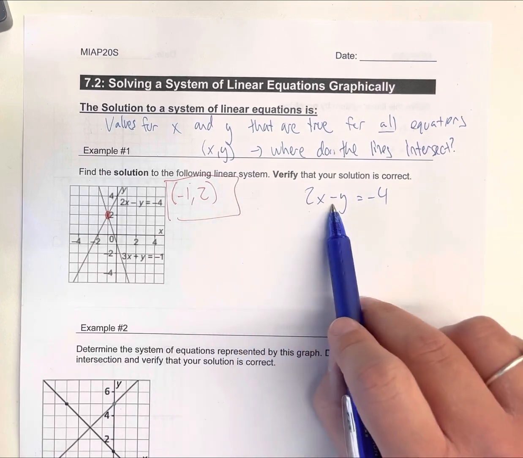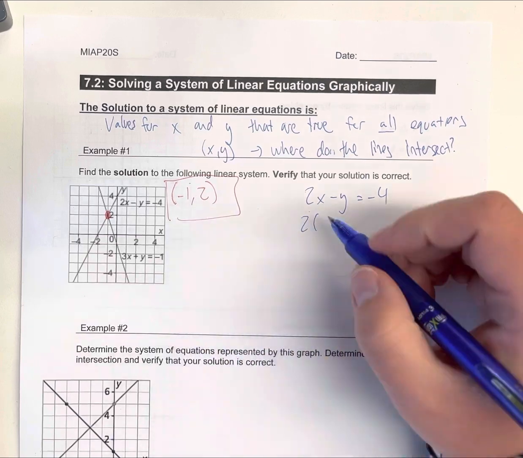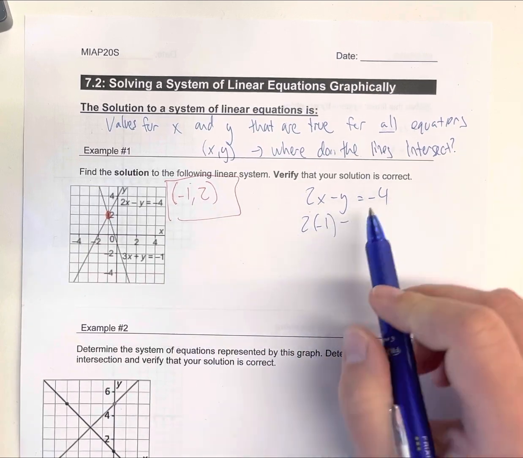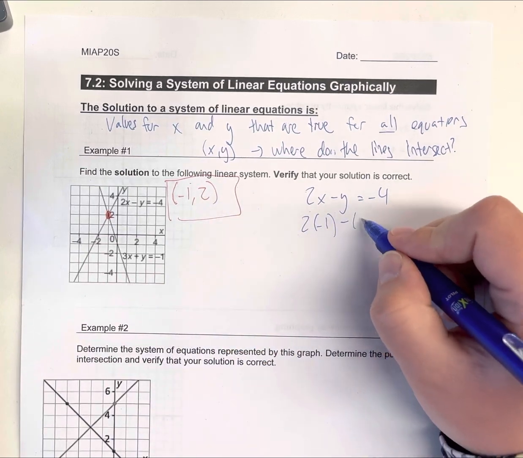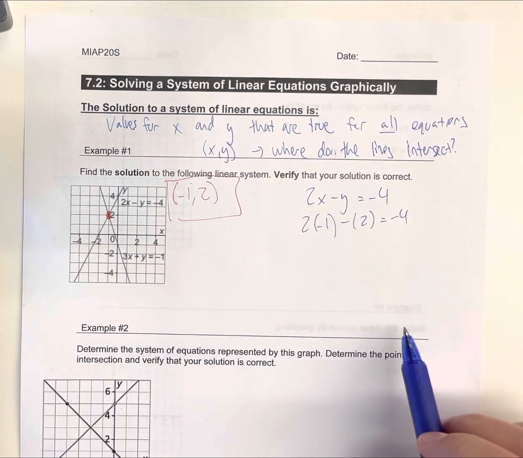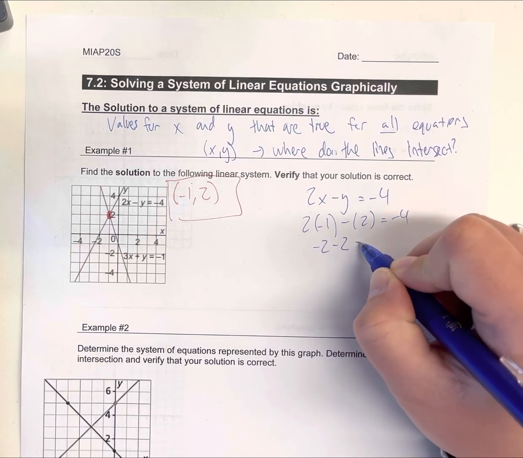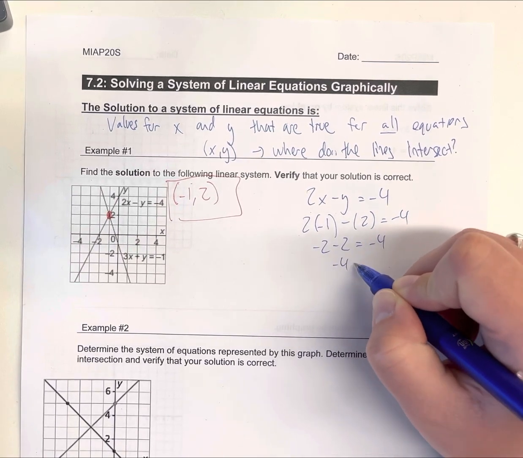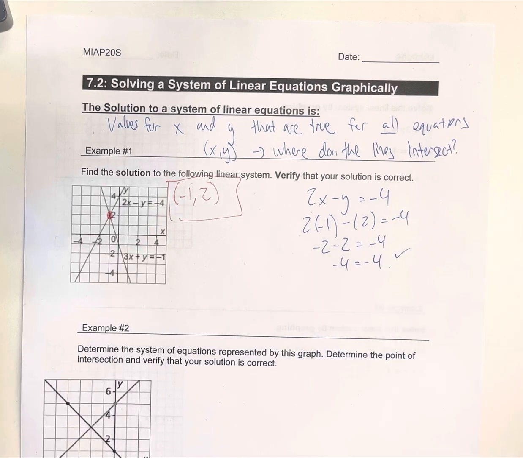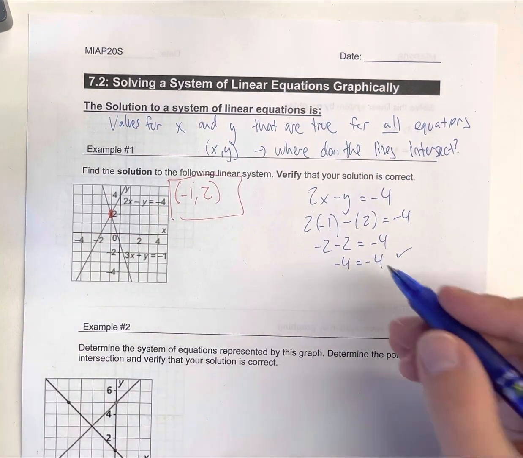So I'm going to substitute this point into my equation. 2, the x value is -1, minus the y value, which was 2. And let's see if this left-hand side equals -4. If it doesn't, then this is not a solution. Hopefully it does, which I think we're good. Check mark. This is me verifying. So I'm kind of putting it back into the equation to just double check it.